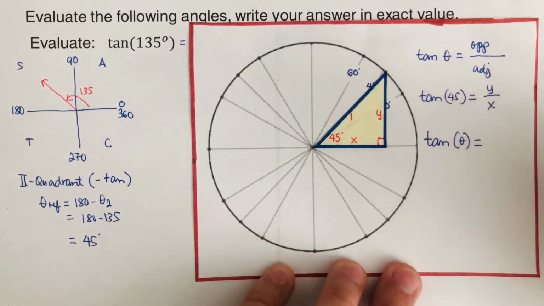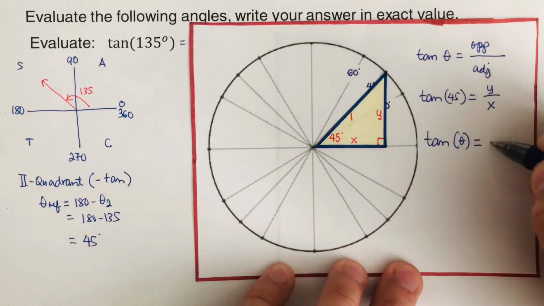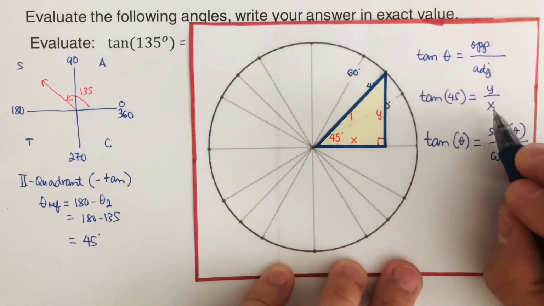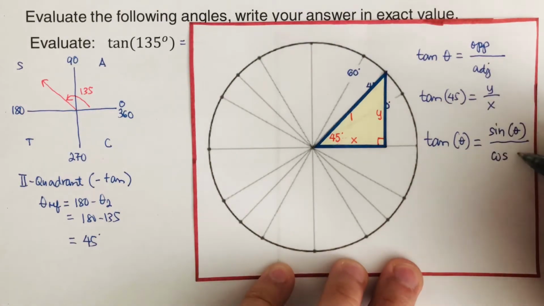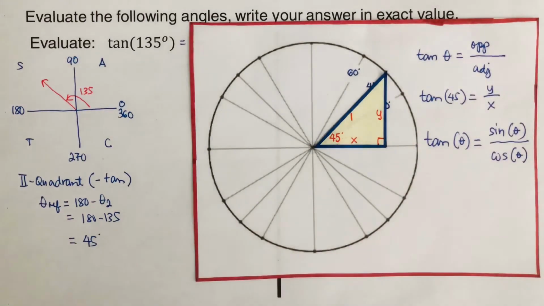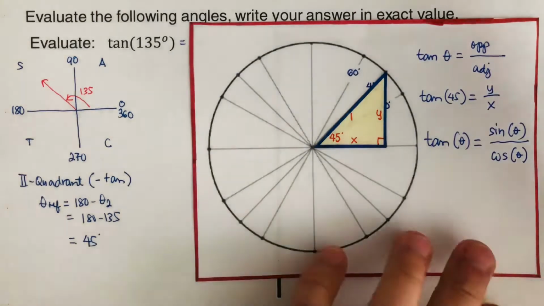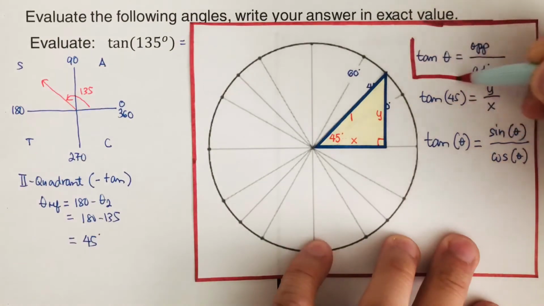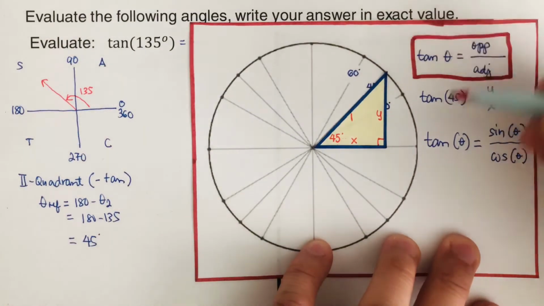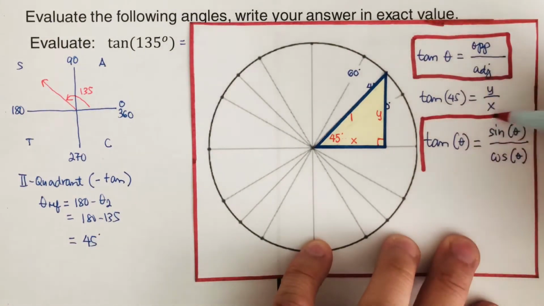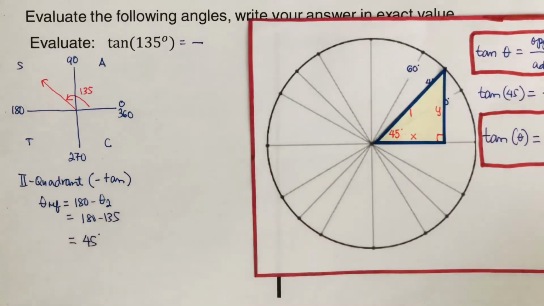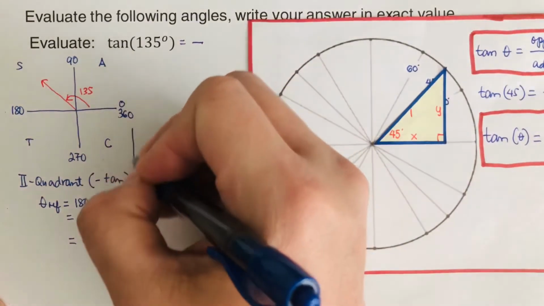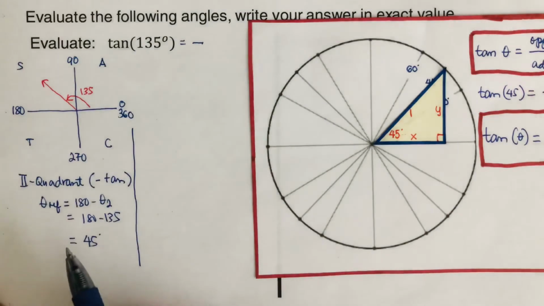So tangent theta is also equal to sine theta over the x value, which represents the cosine, so I can write that as cosine theta. So these are the two new formulas for tangent theta. So going back to the examples that we have here, we can go ahead and determine what is the tangent for this.